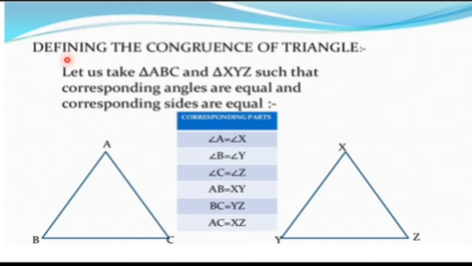Now next is defining the congruence of triangles. That means how can we say two triangles are congruent? Just for recapitulating, what did you discuss in your previous classes when you talked about congruent figures? That time your teacher must have told you congruent figures are figures that overlap each other.